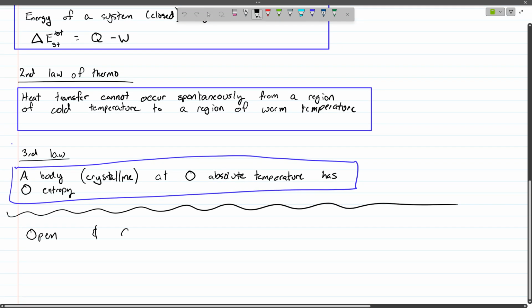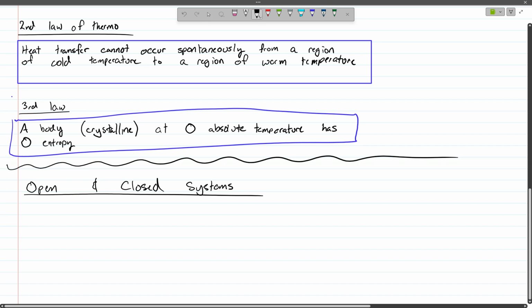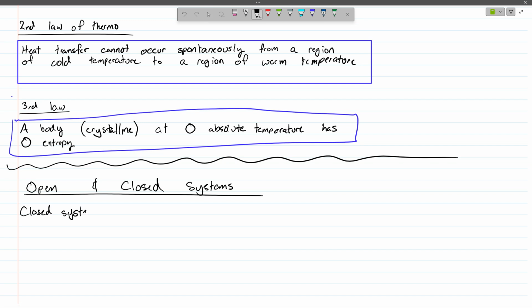Open and closed systems. So when we speak about a closed system, we're referring to a collection of matter with fixed identity.